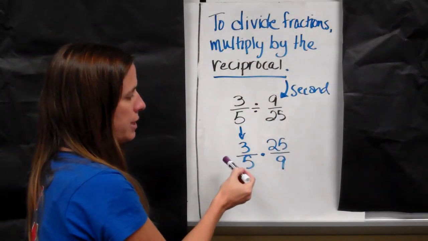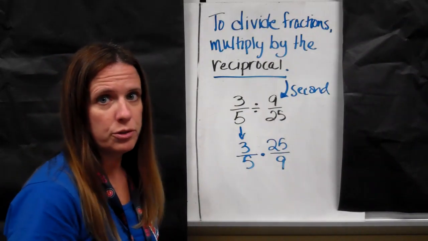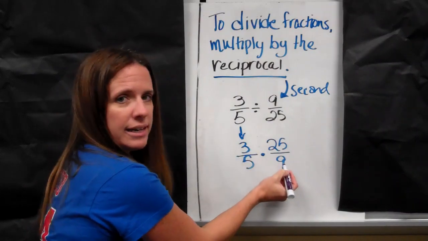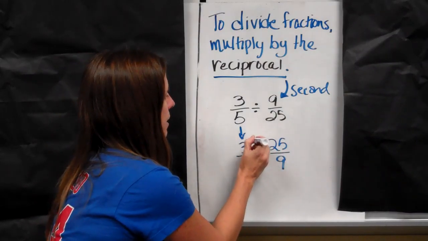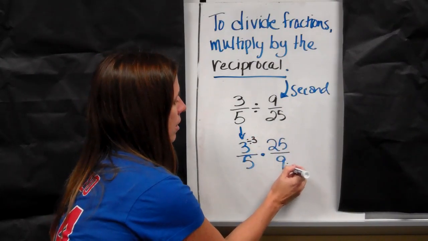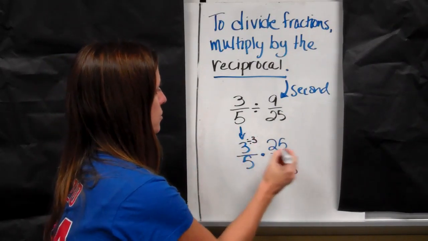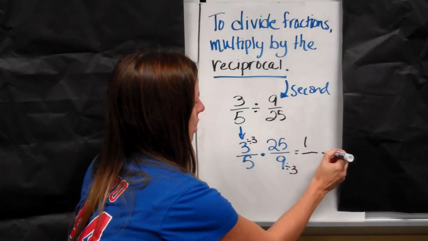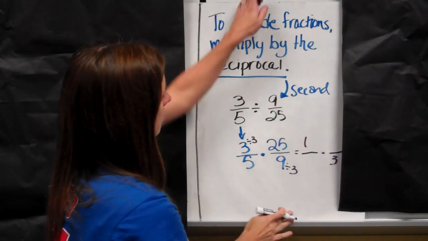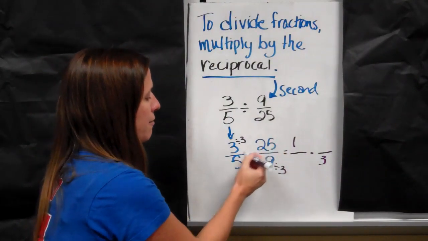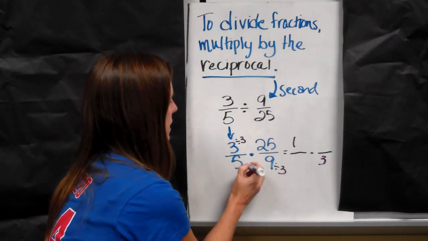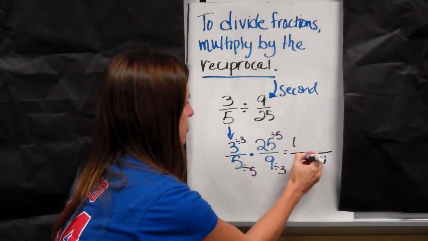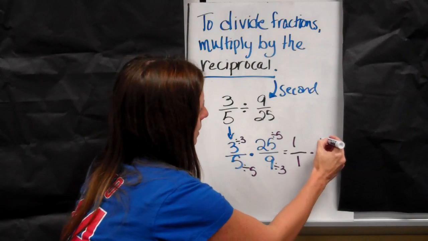We could multiply the numerators and the denominators, or look to cross-simplify or cross-cancel. In this case, I have a 3 in this numerator and a 9 in this denominator, so I'm going to divide by 3 on both. 3 divided by 3 becomes 1. And 9 divided by 3 becomes 3. 5 and 25, 5 in the denominator, 25 in the numerator, we can divide by 5. 5 divided by 5 becomes 1, and 25 divided by 5 becomes 5.